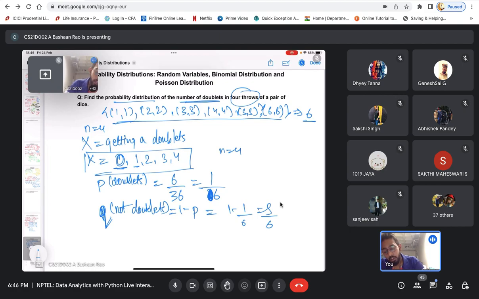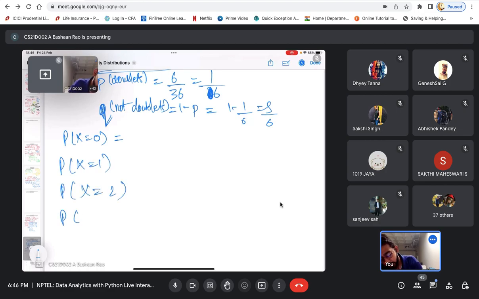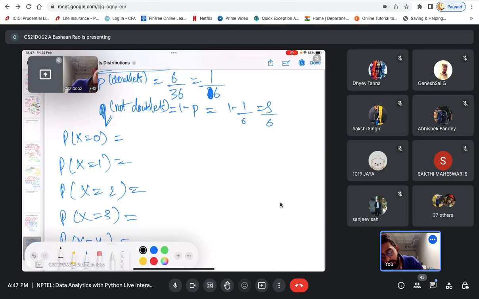Now the only thing we have to do here is calculate P(x = 0), when there is no doublet, using the formula of nCr. Let me write it down here: r is equal to 0, 1, 2, 3, 4.